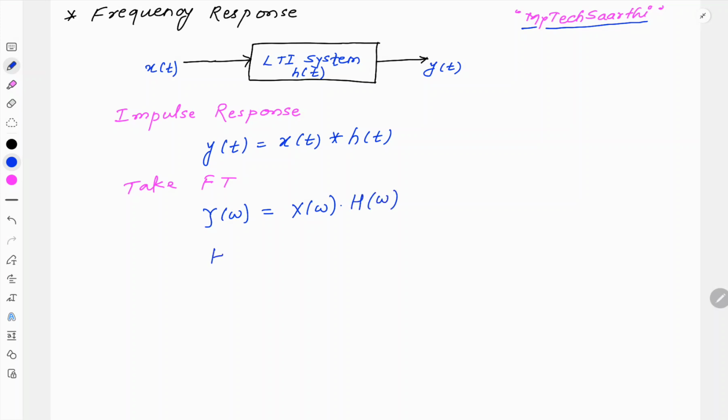If we rearrange this equation, we get H(omega) equal to Y(omega) upon X(omega). This equation is called the frequency response.